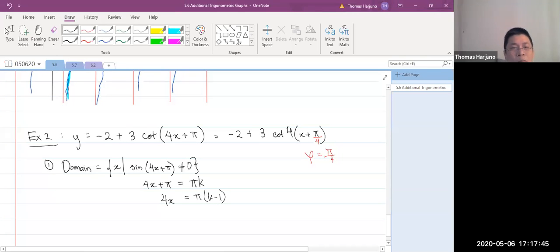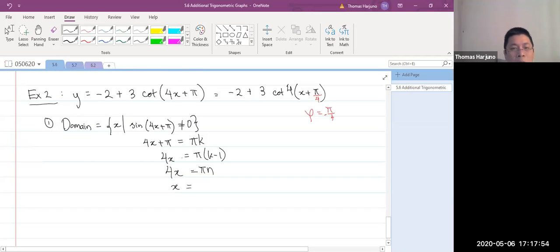Let me call that pi n instead. So x equals a multiple of pi over 4. I don't want the sine to be 0. So the domain will be all real numbers except when x is an integer multiple of pi over 4.